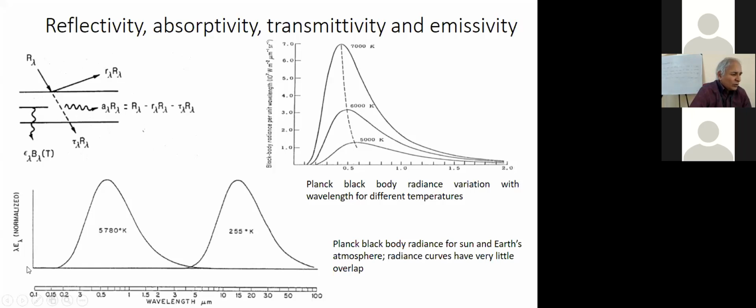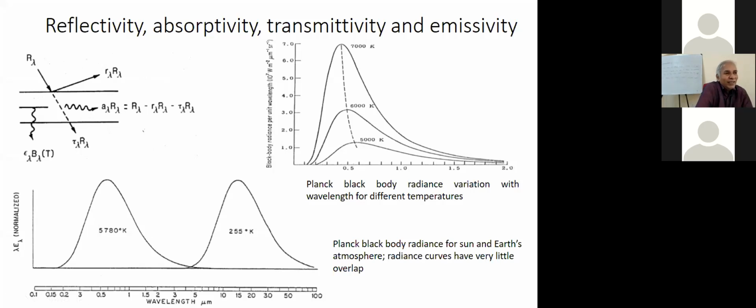So for solar radiation at 5780 Kelvin, the peak intensity is close to 0.5 micrometer, which is in the blue-green region of the visible spectrum.